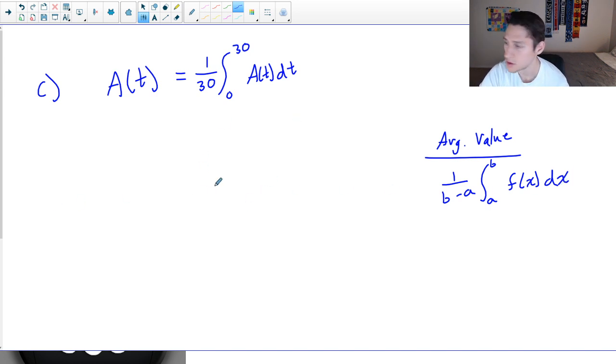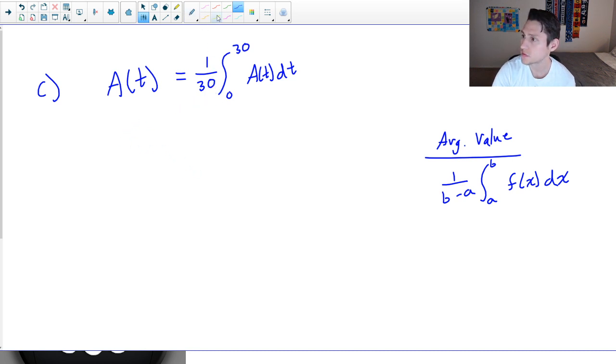The most commonly missed thing is forgetting the 1 over b minus a in the front. Some of you guys are very familiar with that. You've done it multiple times. All right. So we want to know where it is that these could possibly be the same.